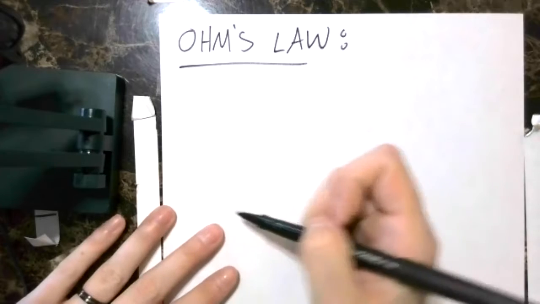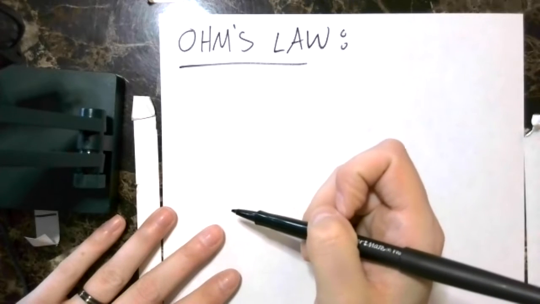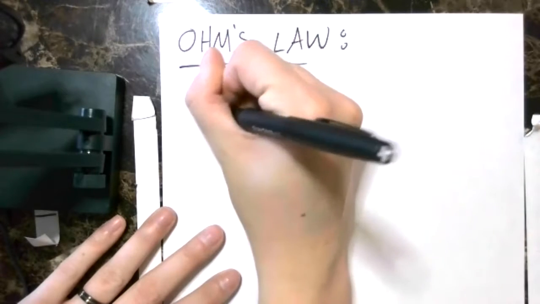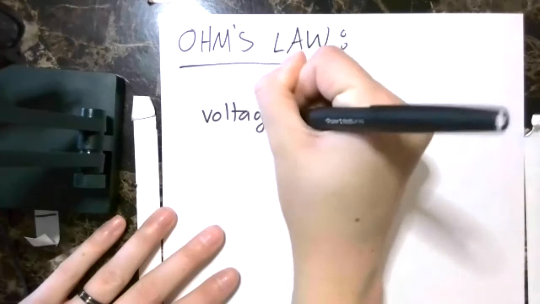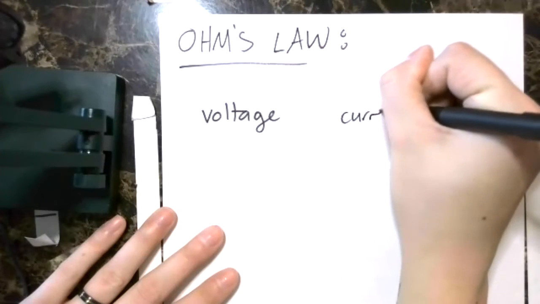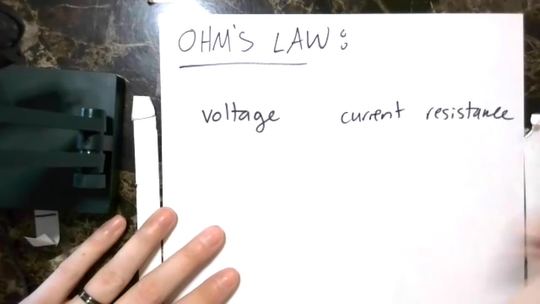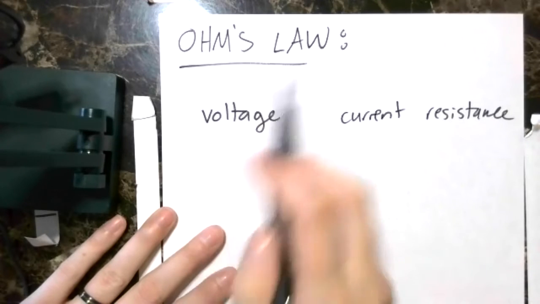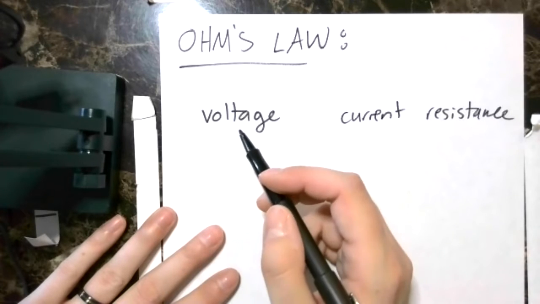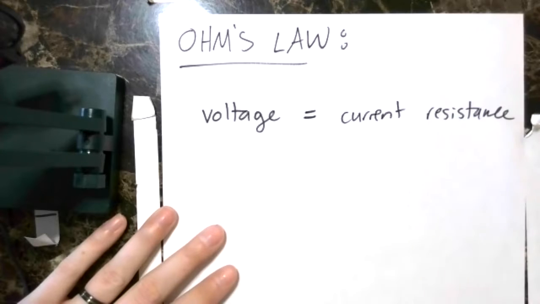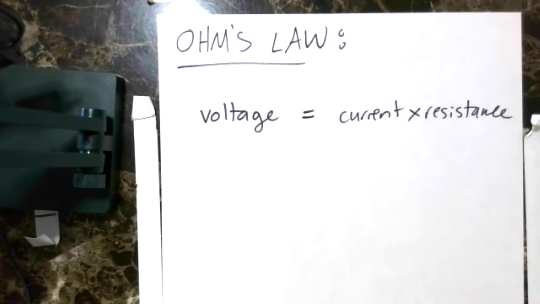So in Ohm's law, we relate those three ideas together: voltage, current, and resistance. And we find that actually voltage is equal to current times resistance.